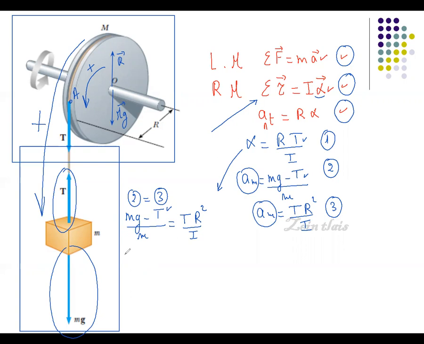So here we can write mg times I minus T times I equals mT r square.